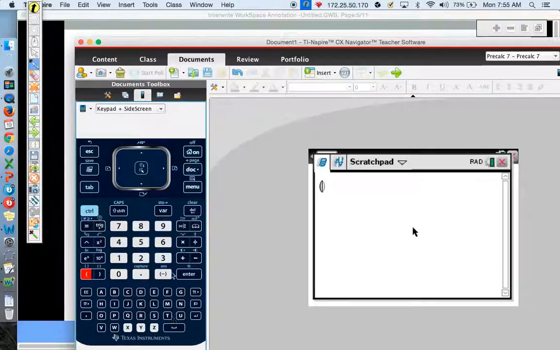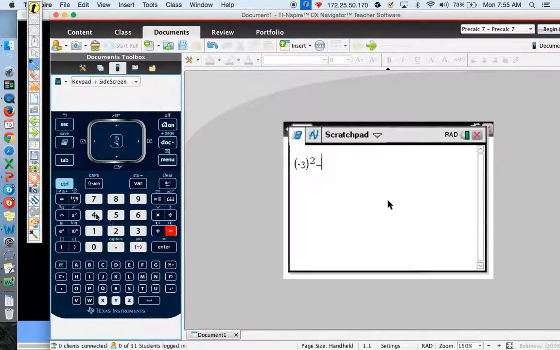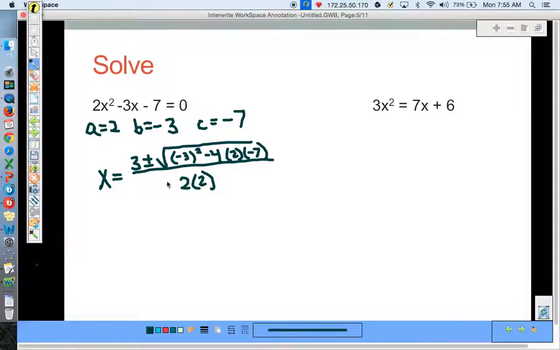We had negative 3 squared minus 4 times 2 times negative 7. So we have the square root of 65. So x equals 3 plus or minus the square root of 65 over 4.